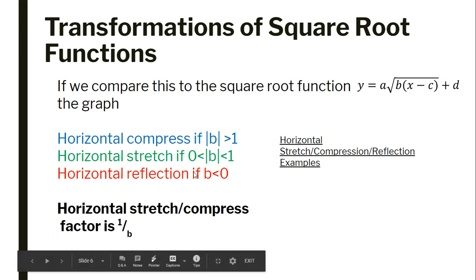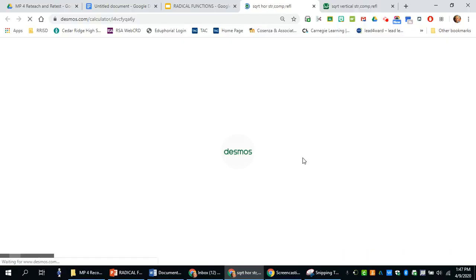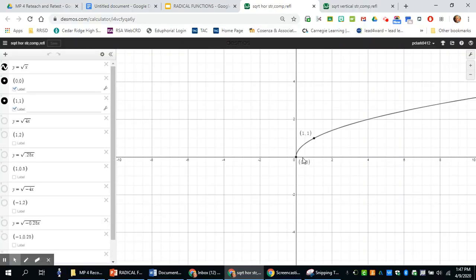And if I have the square root of -x, then I have a horizontal reflection. Now let's take a look at that on Desmos and see what we can see.